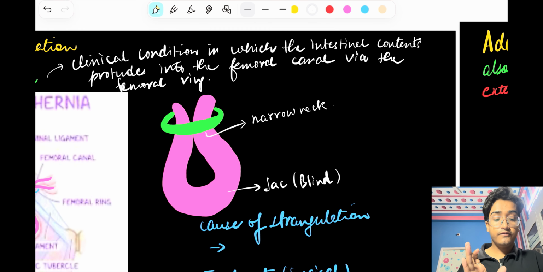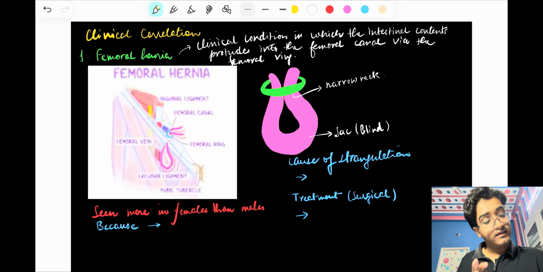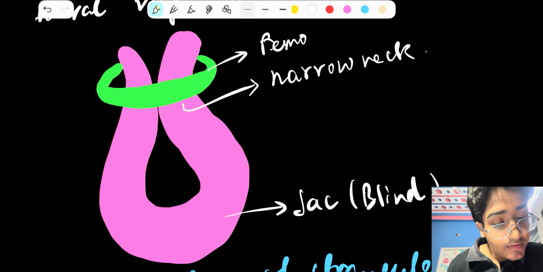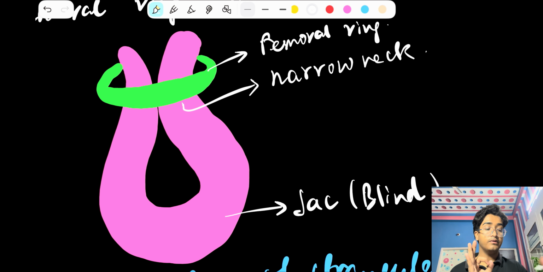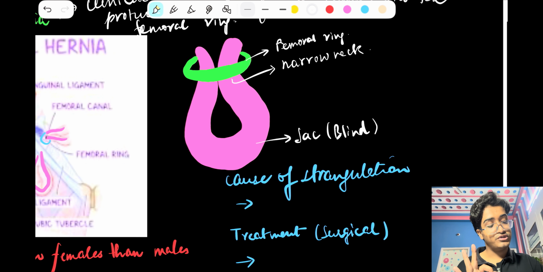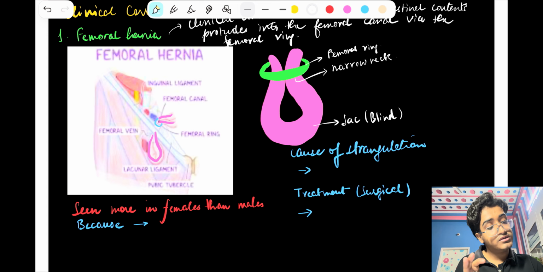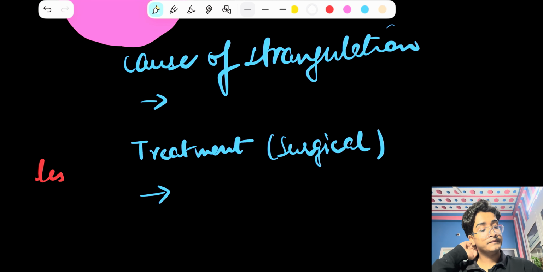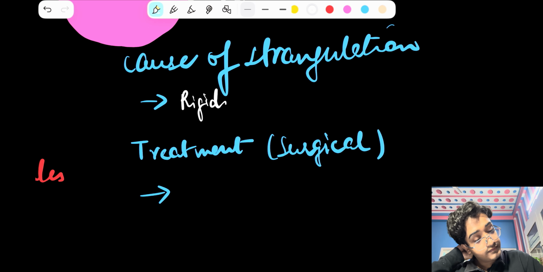And in case of femoral hernia, this neck is narrow due to the presence of the femoral ring. This femoral ring is quite hard, quite stiff, quite rigid, due to which it is more strangulated than the inguinal hernia. So what is the main cause of strangulation? The main cause of strangulation is rigidity of the femoral ring.